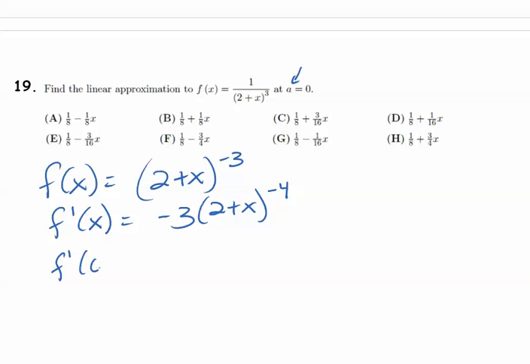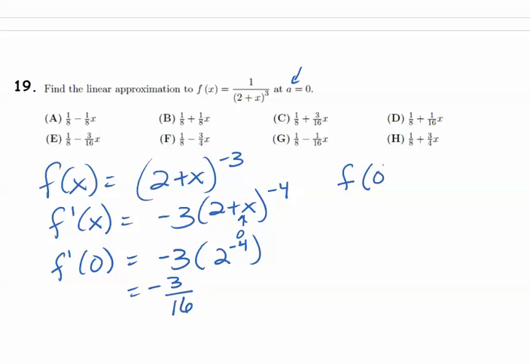So let's put 0 into our variable here. So if x becomes 0, we'll have this value. So this would be a negative 3 over 16 as our slope. And for our point of tangency, we want to put 0 in for x into our original function. So when x is 0, it would look like 1/8.